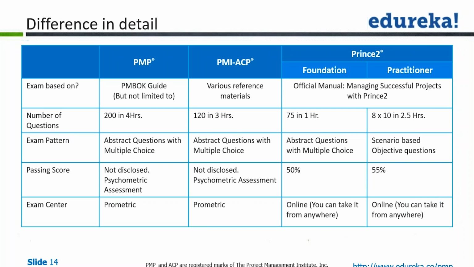You can go to the PeopleCert website. Using that voucher, you will download the examination application, and then you can take this examination from anywhere in the world. All you need is a computer, an internet connection, a webcam, and a microphone. So that is about the details and the comparison of that.